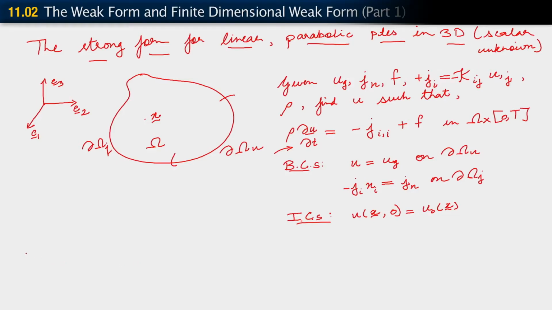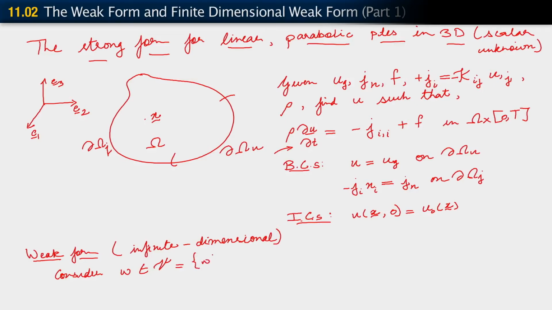All right, so to get to the weak form, and remember this is going to be the infinite dimensional weak form, we say the following, right, consider W belonging to V, where V consists now of all functions such that W equals 0 on partial of omega u, right, our same old weighting function.